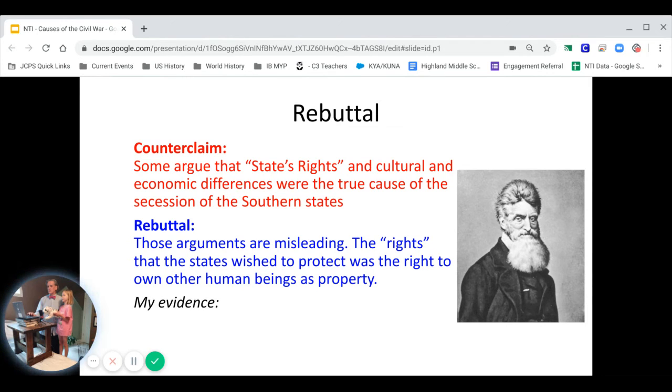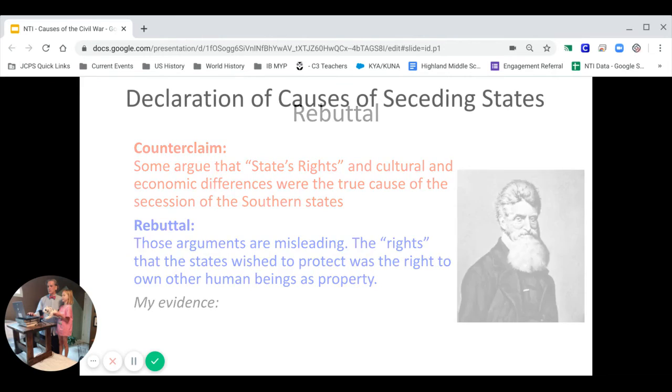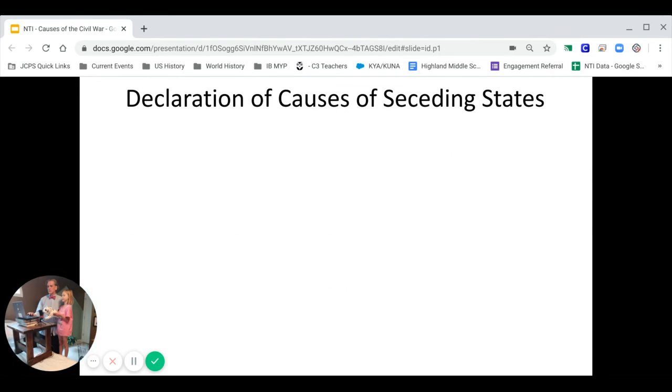And I will go through my evidence, and then I'll put the questions back up. So each one of the states that seceded had a formal vote in their legislatures, and then they had to have documents that passed, and these were their declaration of causes of these states that left.